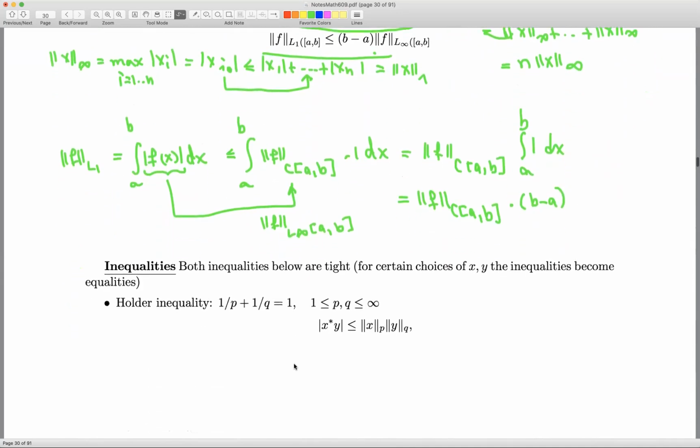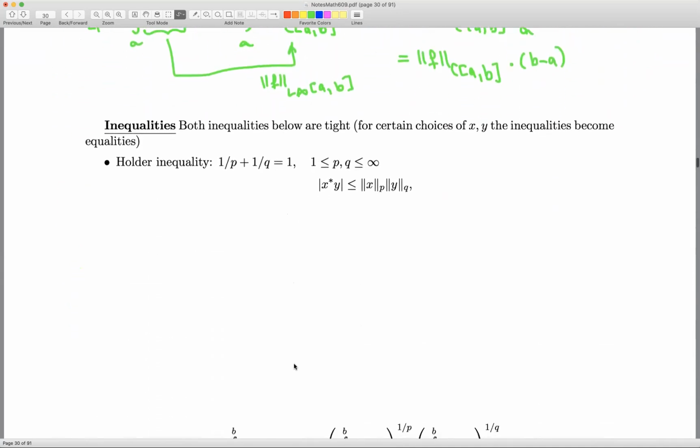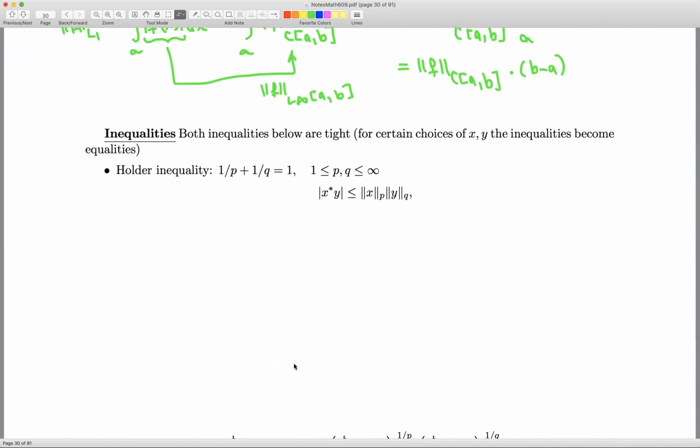Now, there are a few important inequalities for norms, and these are the Hölder inequality and the Cauchy inequality, which is a particular case of the Hölder inequality.